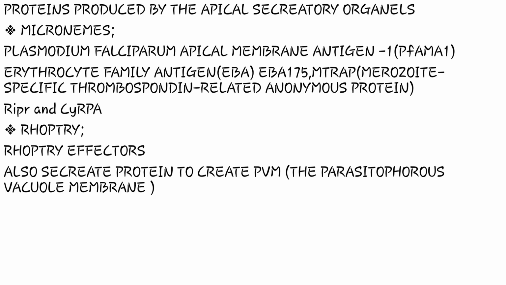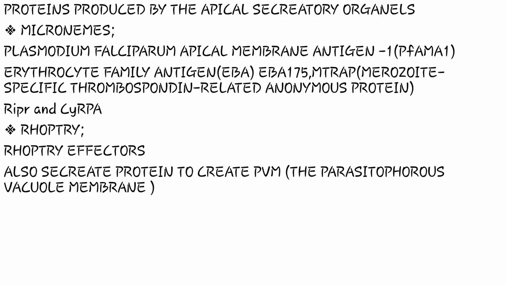Also, the Rhoptry tends to secrete proteins which allow the creation of the parasitophorous vacuole membrane, which acts as a protective membrane of this Plasmodium. So during invagination of this Plasmodium falciparum, there is a creation of a parasitophorous vacuole from the host membrane.